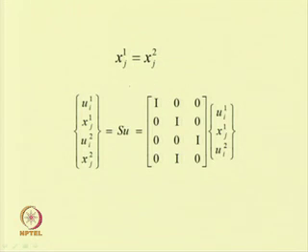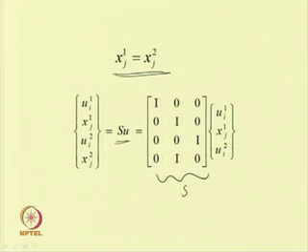Here we are taking x j 1 equal to x j 2. By taking x j 1 equal to x j 2, we can replace u I 1, x j 1, u j 2 and x j 2 to this form. That means, by writing this equal to S u, where S can be written like this.